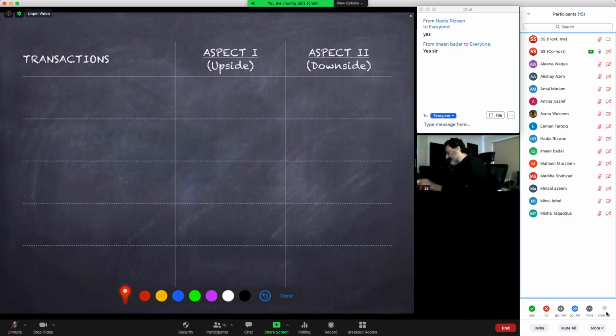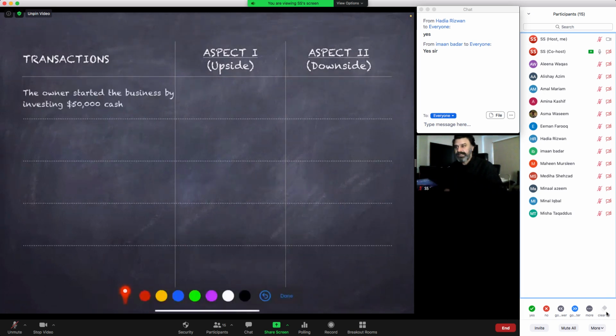Let's say this is the same familiar transaction that we see in the beginning of every question in chapter 2, chapter 1. The owner started the business by investing $50,000 cash. So what do you think?